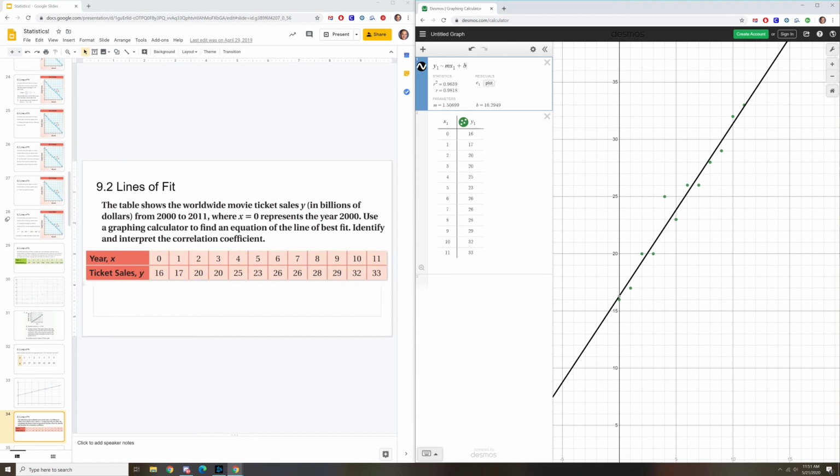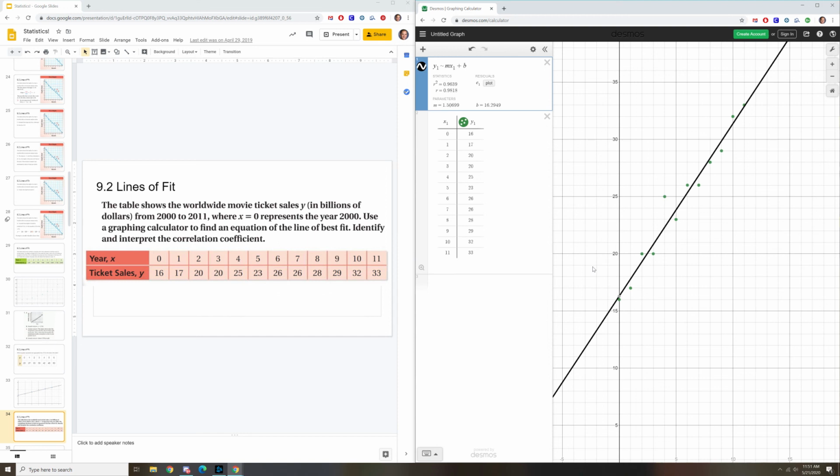If the R value is negative 1 or close to negative 1, that means there's a negative correlation. It also gives us the slope and the y-intercept for our line. So our equation for this line is y equals 1.50699x plus 16.2949. That would be the equation we would use for this line of best fit.